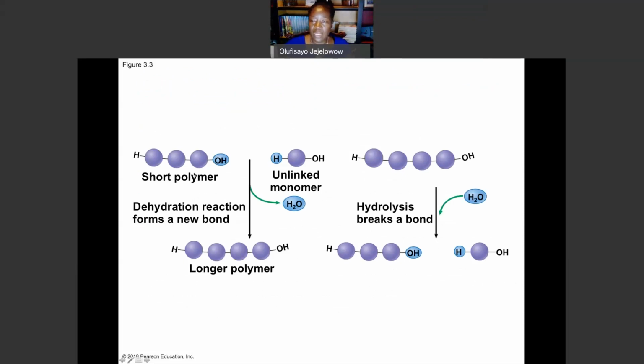So we said that the chemical molecules in our bodies are macromolecules that are made from monomers. In this illustration, each purple ball is like a monomer, a building block, and it bonds.